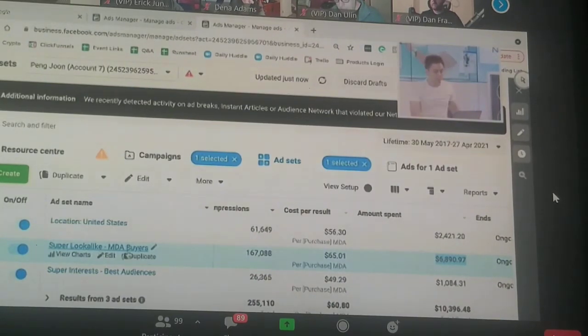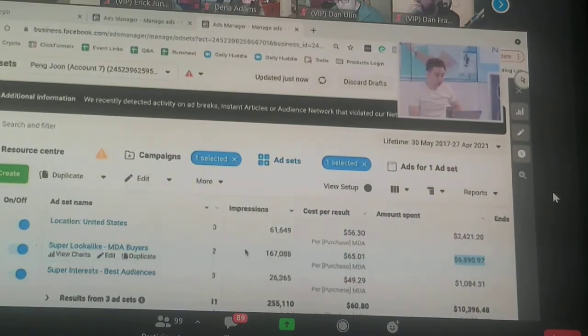But usually when you have a hot or warm audience, it's a small audience, and it's a matter of time before the same audience starts seeing the ad again and again, and your cost will eventually start rising. Now you'll notice that this next audience is when the next thing will happen. Facebook is now going to go to the next audience, which is the interest audience.